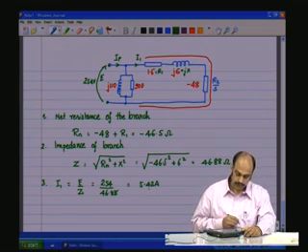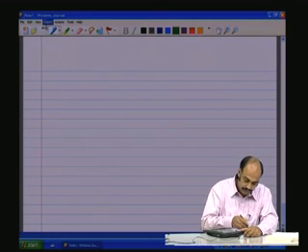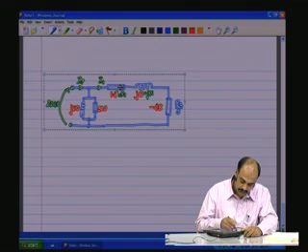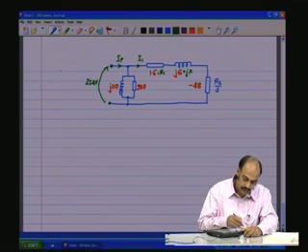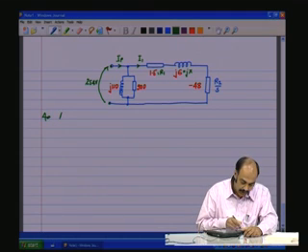That is 5.42 amps. Then we have the current there. Now the active power.